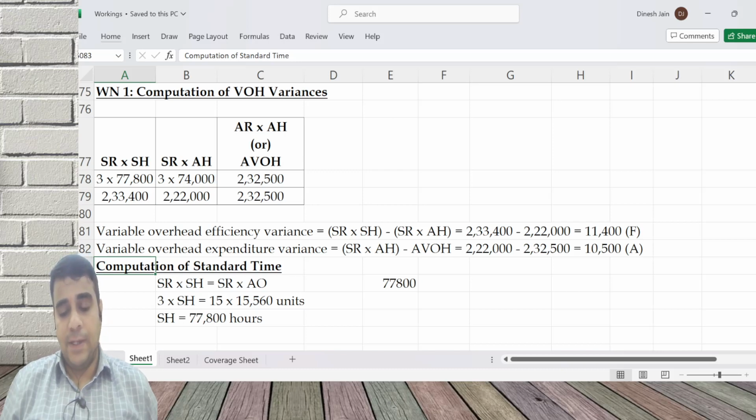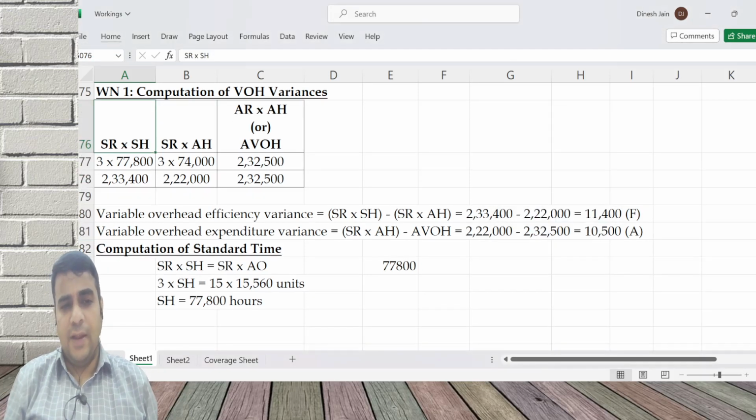Efficiency 11,400 favorable, expenditure 10,500 adverse. This is on VOH variances.